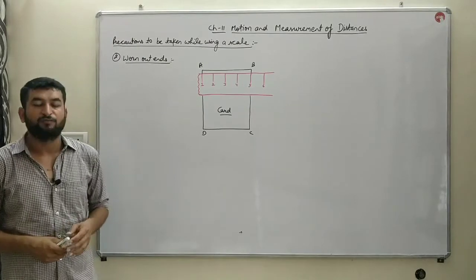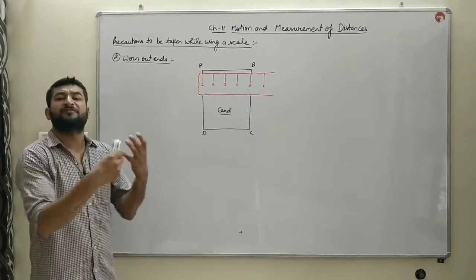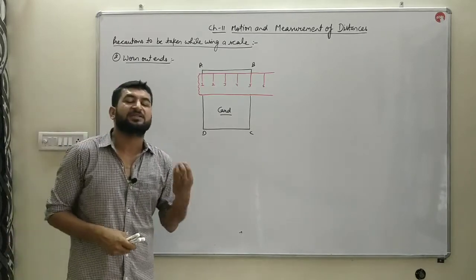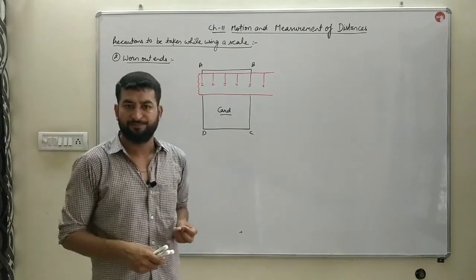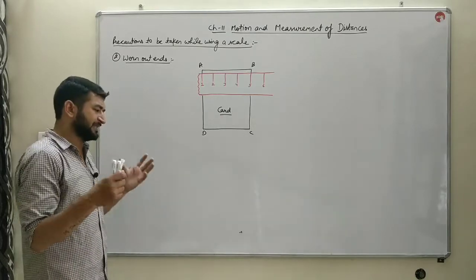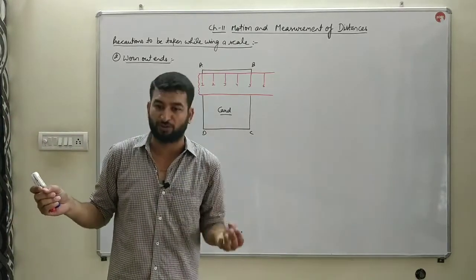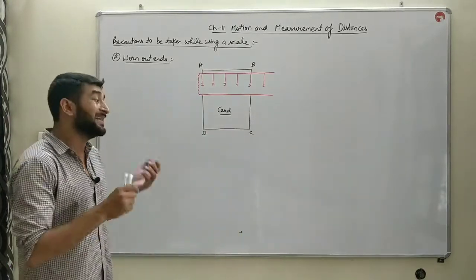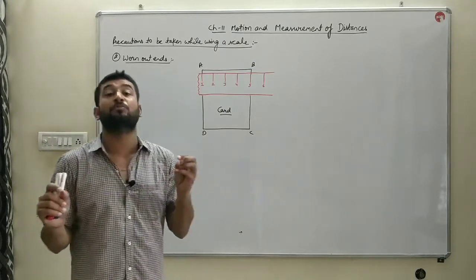Next precaution is worn out ends. Due to repeated use of a scale, sometimes the 0 mark of a scale is not clearly visible. Or due to excessive use of a scale, sometimes the ends of a scale will be worn out or broken down. In that case, you can't measure from the 0 mark.